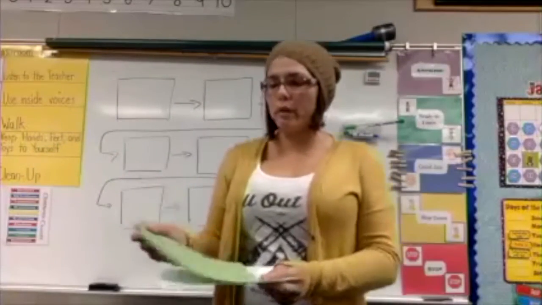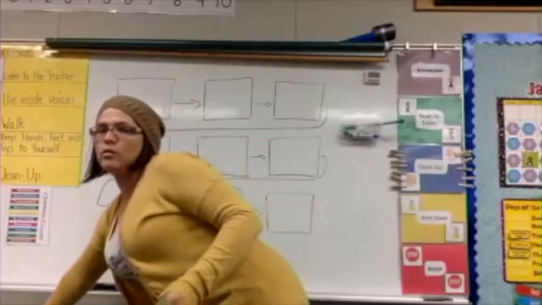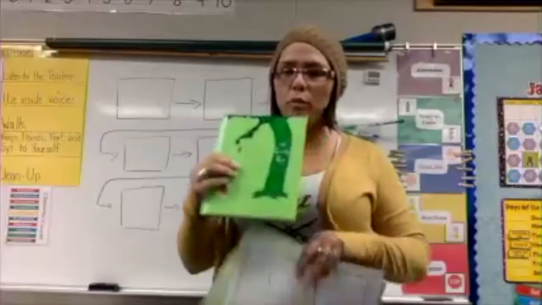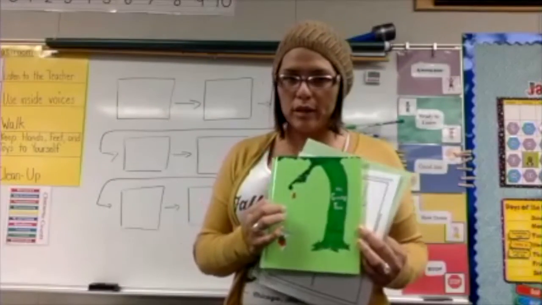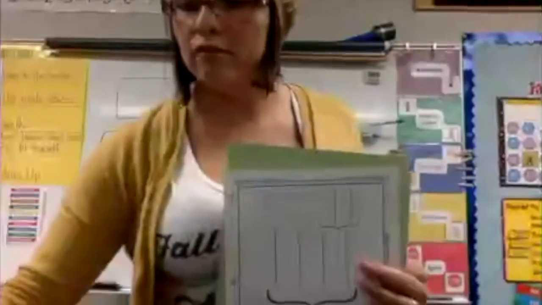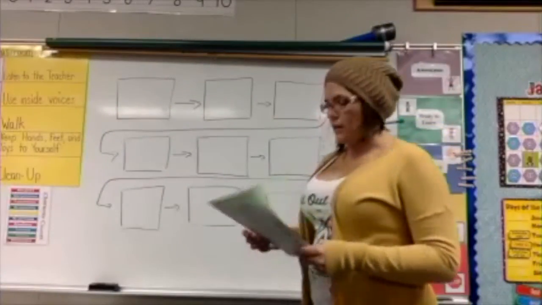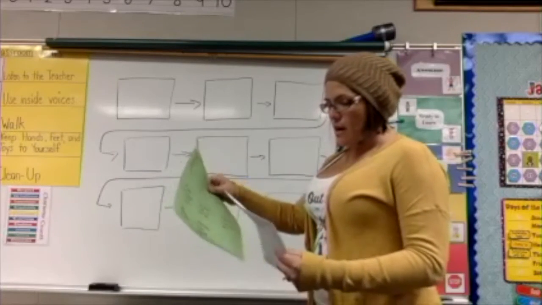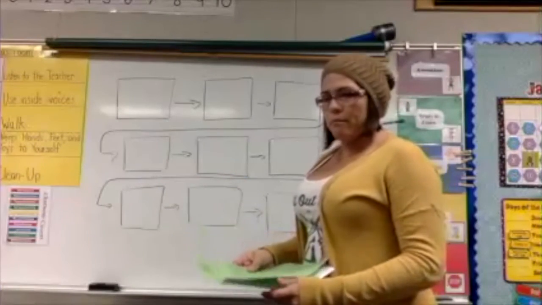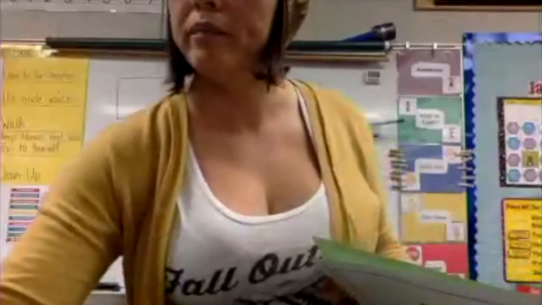So we all know what the Giving Tree talks about. It's a little boy and the tree, and how the tree loves him, and they love each other and do all types of stuff, until the end where they die. Sorry. But we're going to sequence that book.